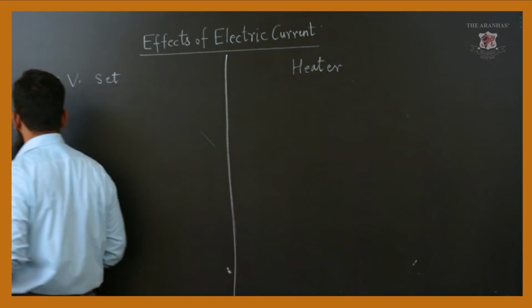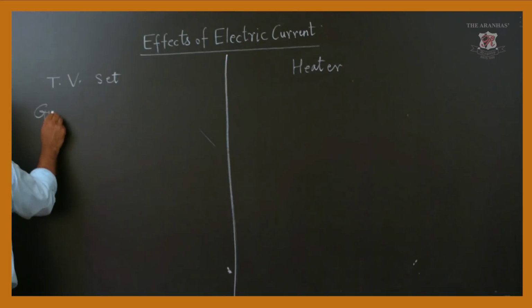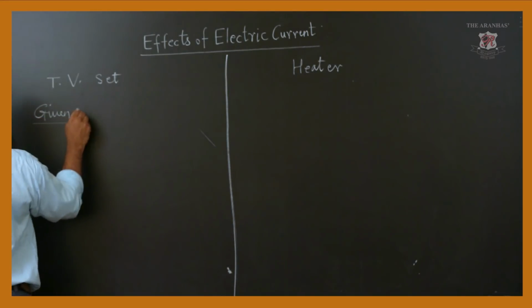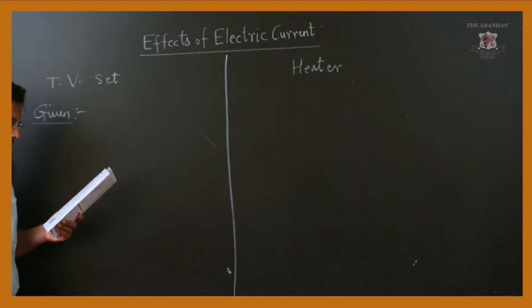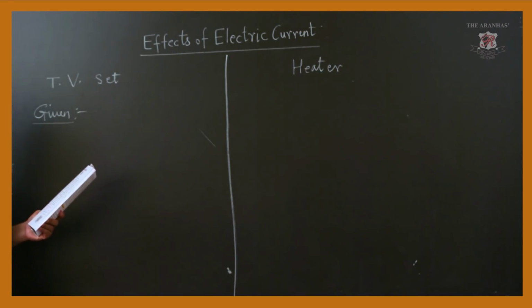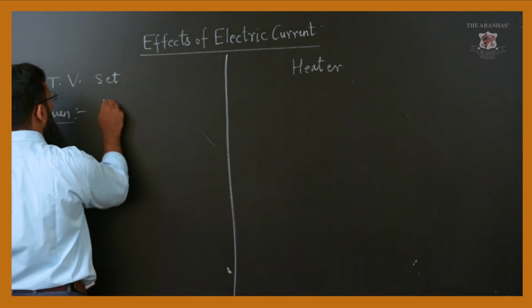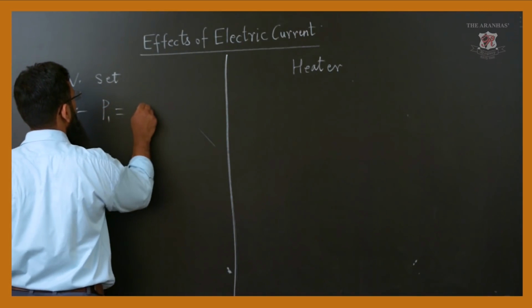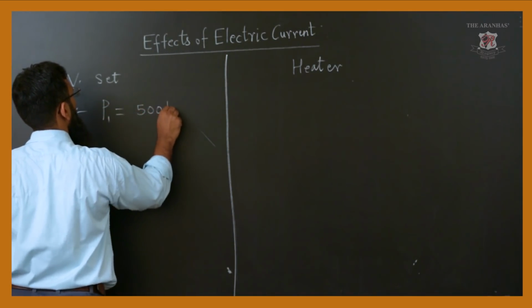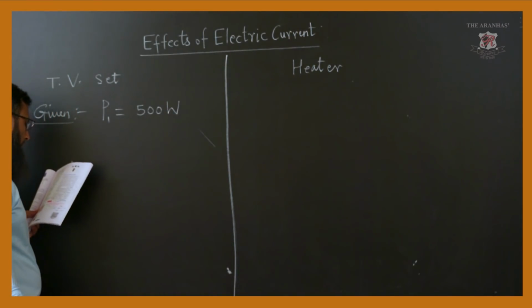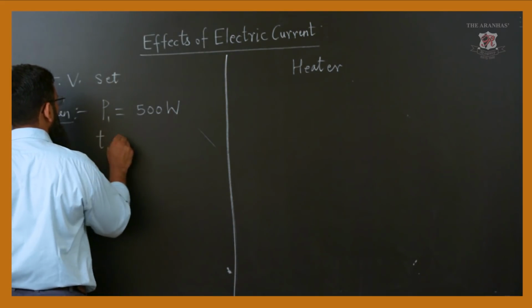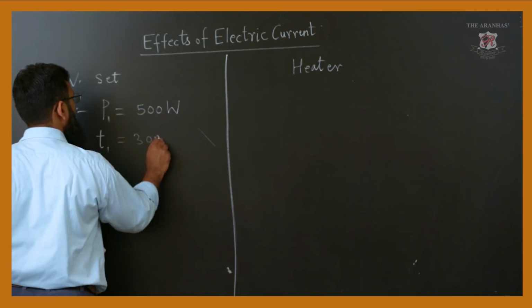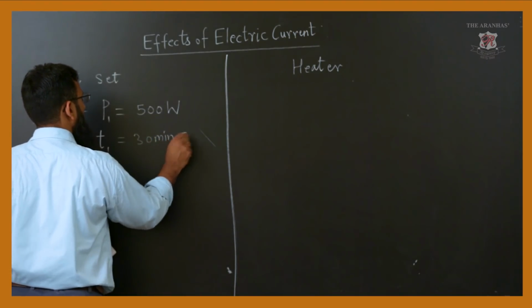So, let us write down first the given conditions for both the appliances. They have given television has power 500 watt. So, I can say P1 is equal to 500 watt, and the time duration they have given is it is consumed for 30 minutes. So, T1 is equal to 30 minutes.